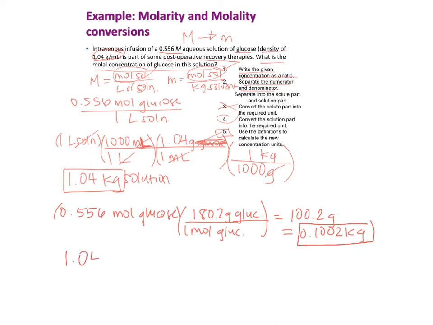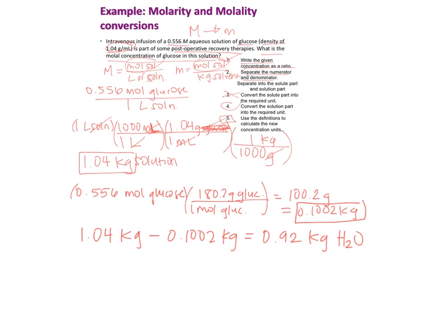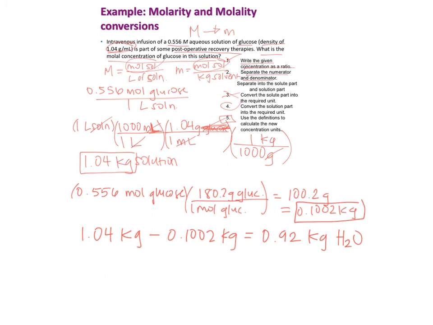So you're going to take the 1.04 kilograms of solution, subtract that 0.1002 kilograms of glucose in there, and then we will get how much water we have, which is 0.92 kilograms of just H2O by itself, in other words, the solvent. So now we can finally get our molality. So this was getting the kilograms of solvent.